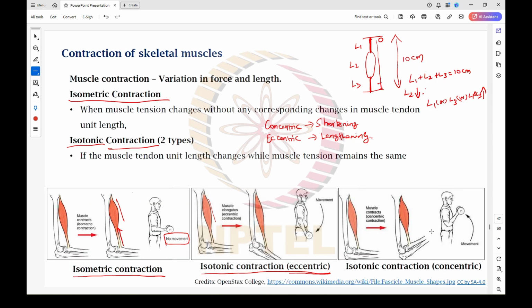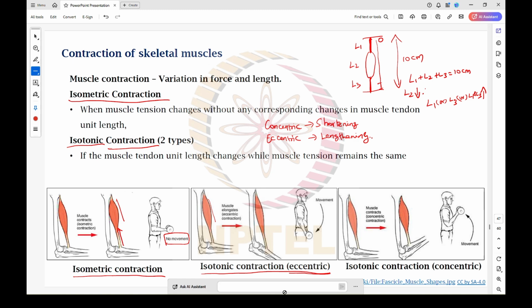Now coming to the contraction of skeletal muscles. So muscle contraction usually results in variation in force and in length. Sometimes it can be one of these, sometimes it can be both. So there are two major types of contractions: isometric contraction, in which the muscle tension changes, the force is produced, but there is no change in the muscle tendon length.